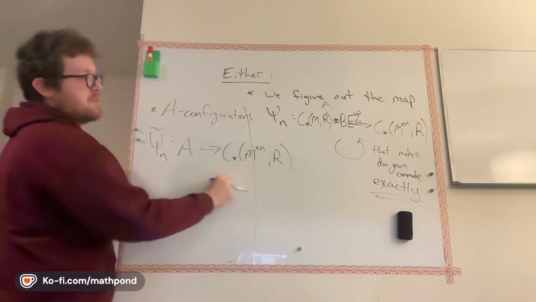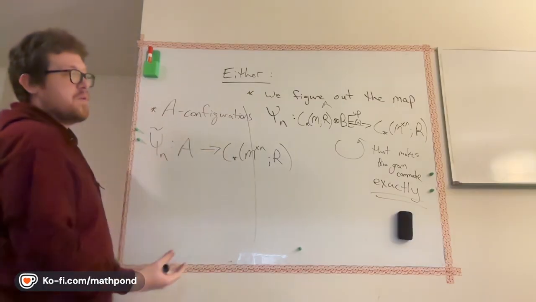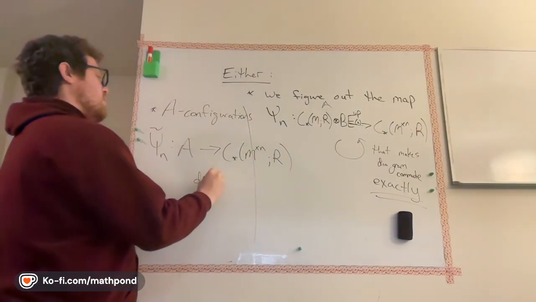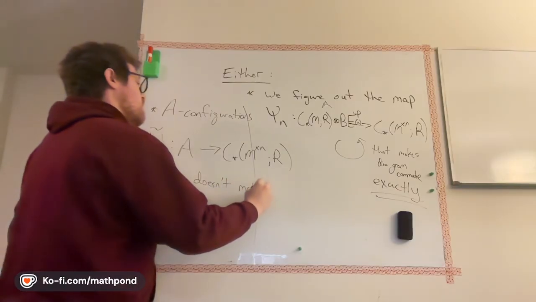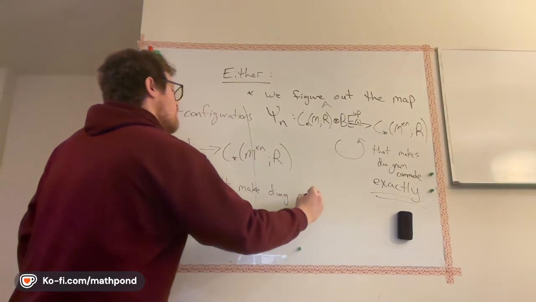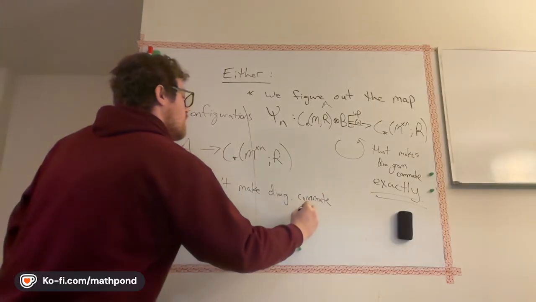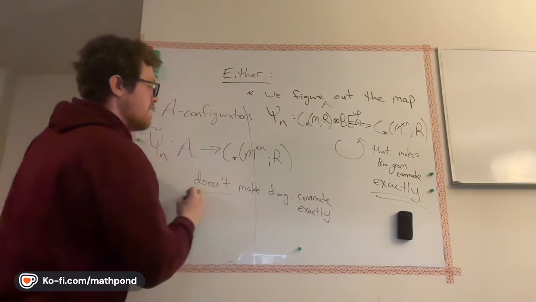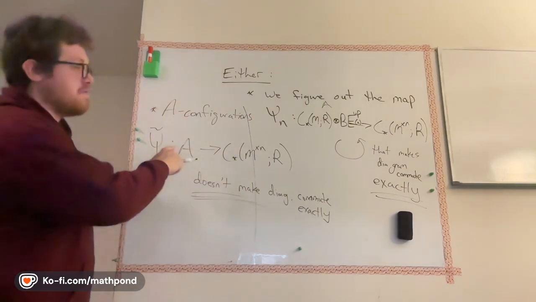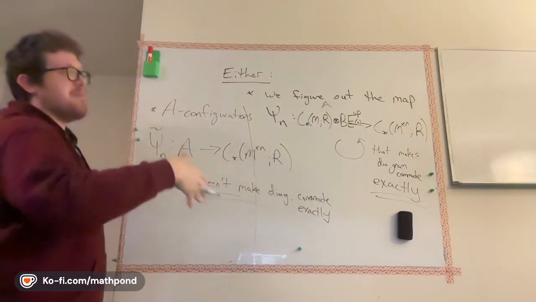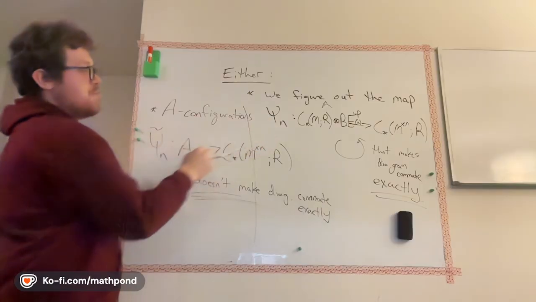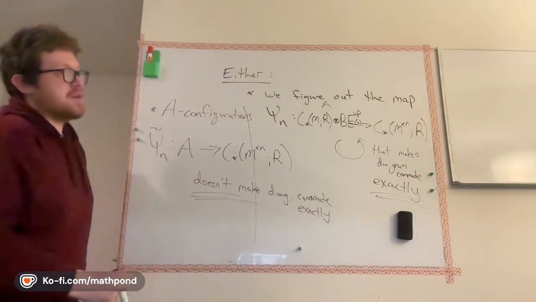So it's operating on the same stuff, but it's not going to give us exactly what we want. So it doesn't make the diagram commute exactly, but whatever I get at the end, when I apply Alexander-Whitney, somehow magically I get the correct answer. Or in other words, the difference between these two maps is in the kernel of the Alexander-Whitney map.